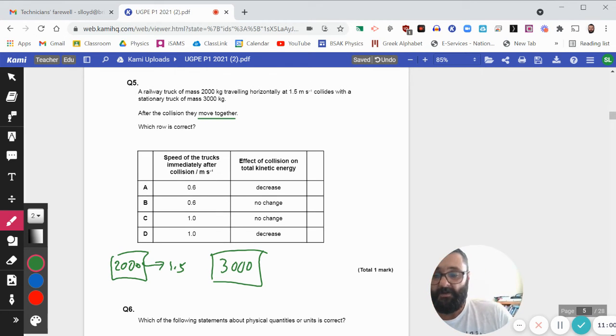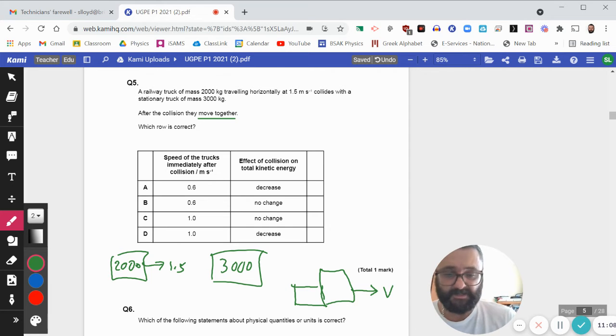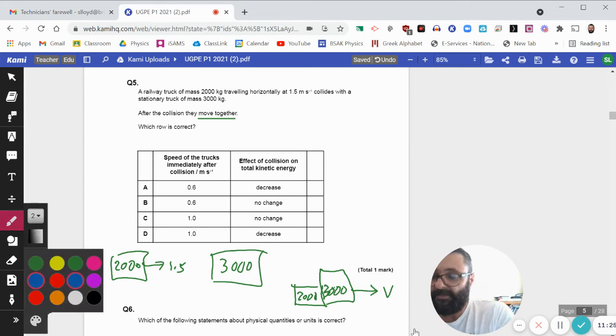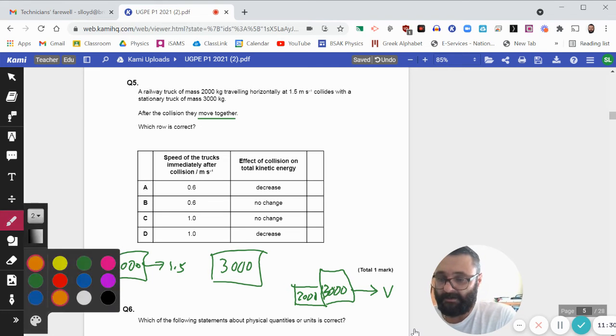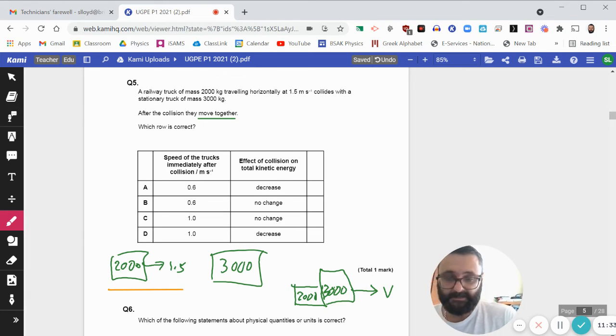Okay? So when they've stuck together, we've got the 2,000 and the 3,000 moving off at a certain speed v. So there we have before and after. So we've got 2,000, 3,000 moving off together. I could have done with a bit of space for the working out here, but so what's the speed v? Well, the initial momentum is due to that, and the final momentum is due to that.